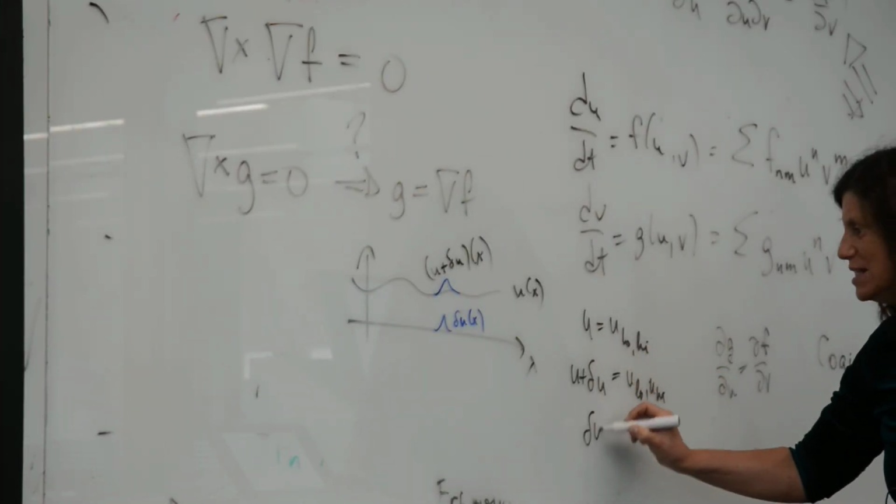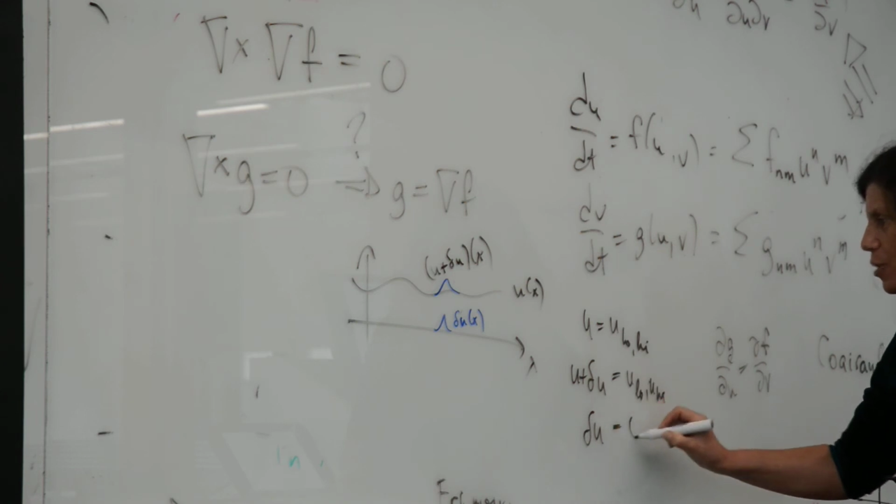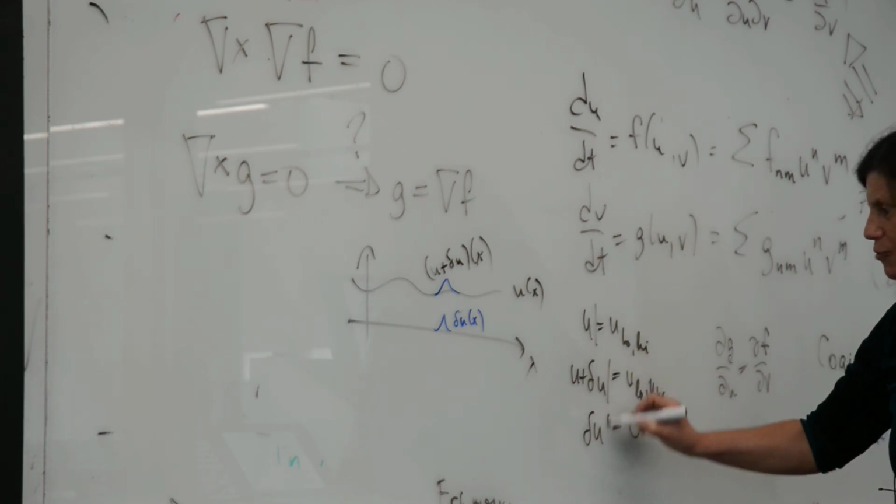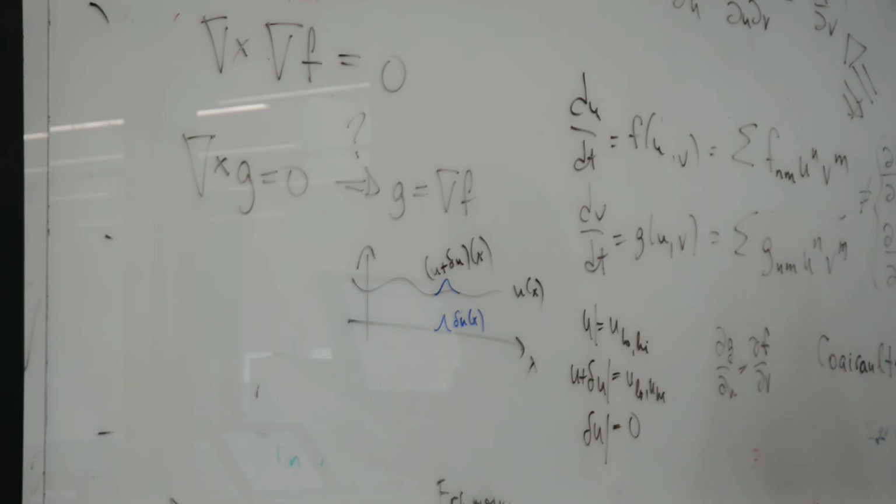And hence we know that delta u is equal to 0 at the boundaries. So those inhomogeneous boundary conditions become homogeneous boundary conditions on the delta u.